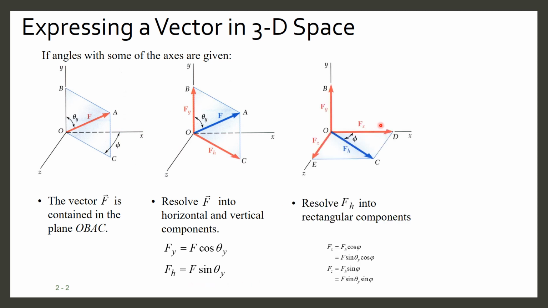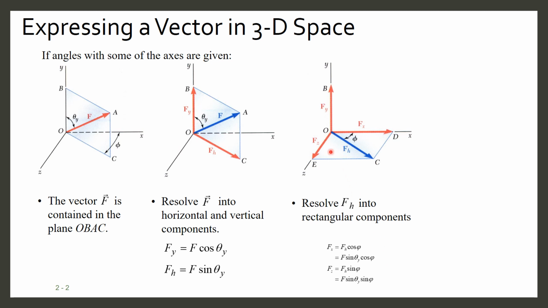Now the next step is to resolve this Fh into x and z components, because in y we have already resolved. Now this angle phi we know from here, so Fx is equal to Fh cos phi, and Fh you can replace from here, that is F sine theta y. So Fx will be F sine theta y cos phi.